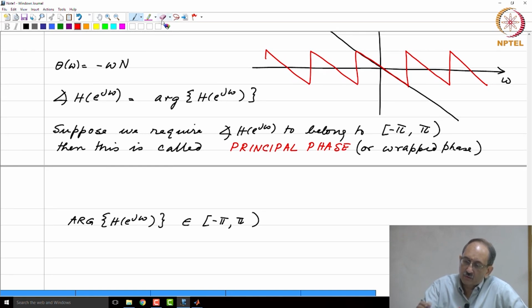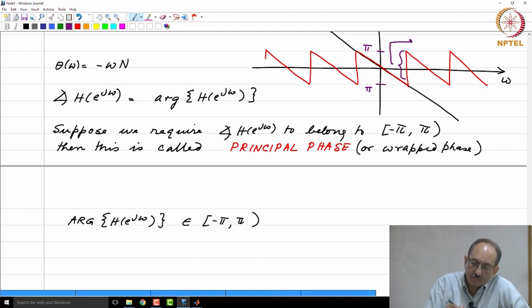Therefore, given this sawtooth waveform, whenever you see a jump of 2 pi, you will add or subtract enough multiples of 2 pi to make the final curve continuous. Note that one important difference is we have seen jumps of pi before, whereas in this case it is a jump of 2 pi.